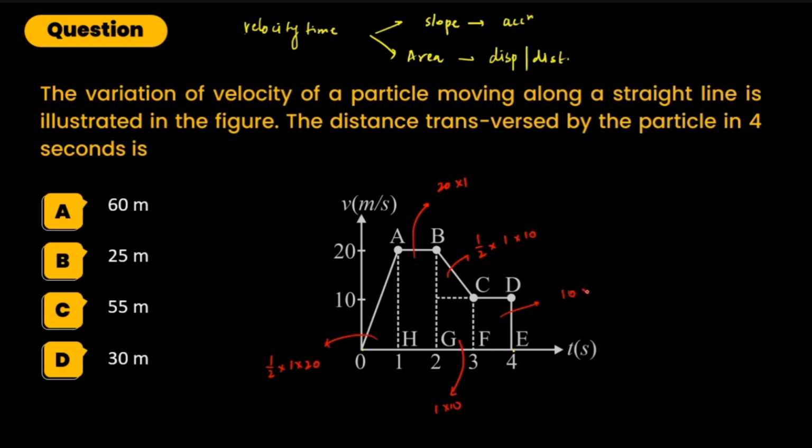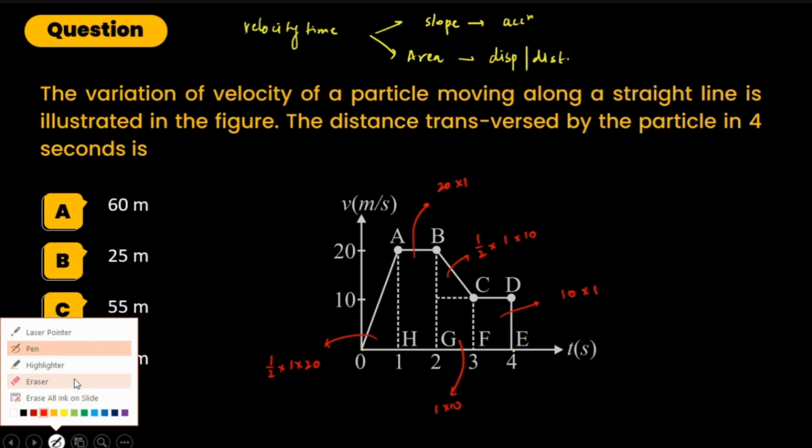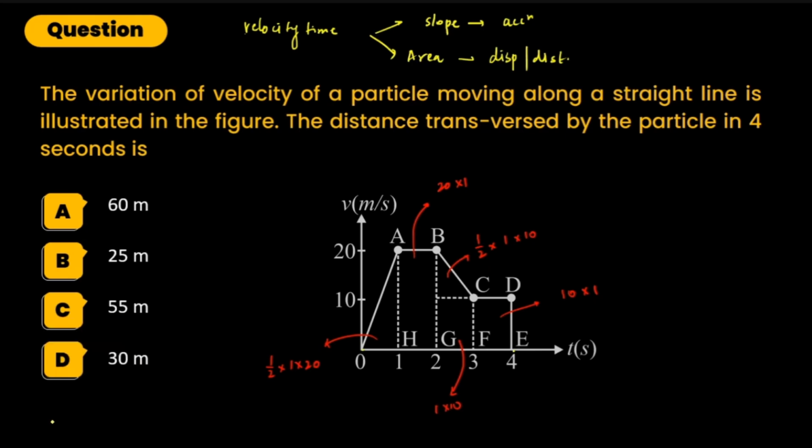Just look at what I'm writing. The first, OAH, is a triangle, so half times base times height. Second is ABGH, which is nothing but a rectangle, so we'll apply length times breadth.